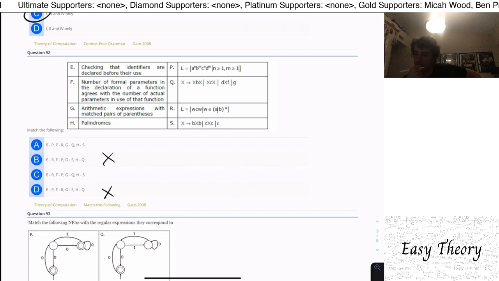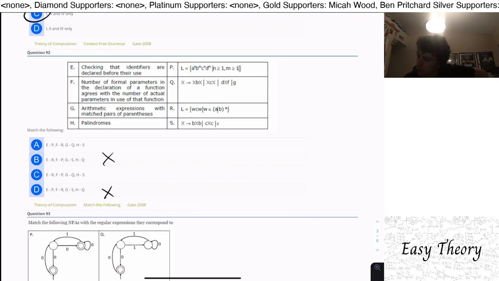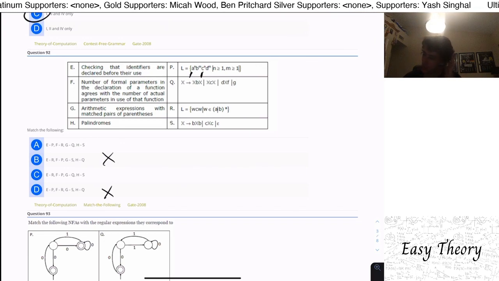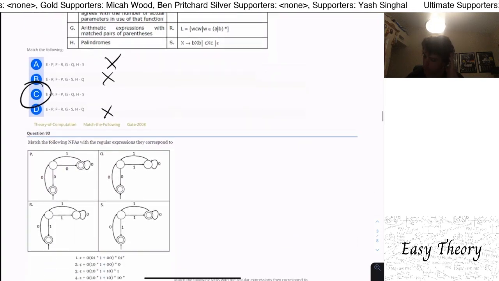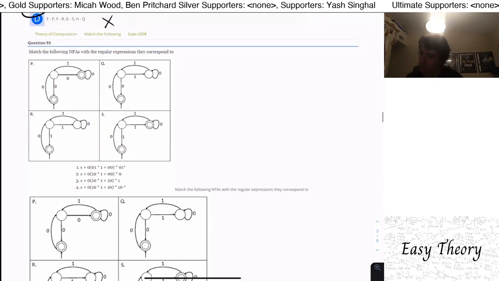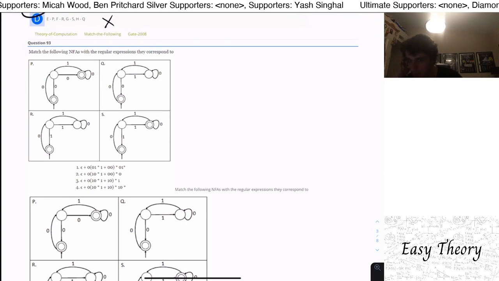F matches with P, I think. Yeah, because the N here matches the N over here. So the F has to match with P. So it's not this one, it's this one. Sweet. Match the following NFAs with the regular expressions that they correspond to.